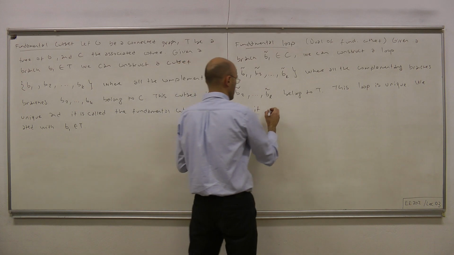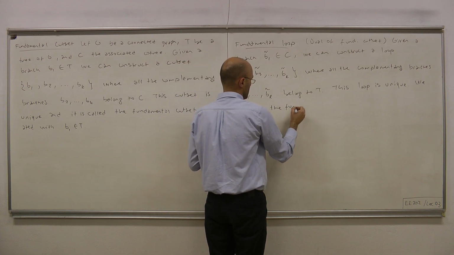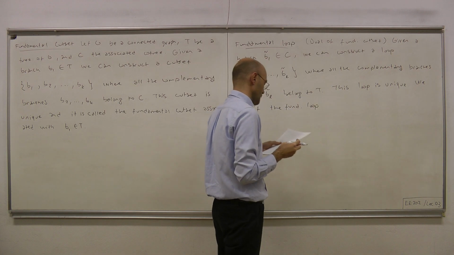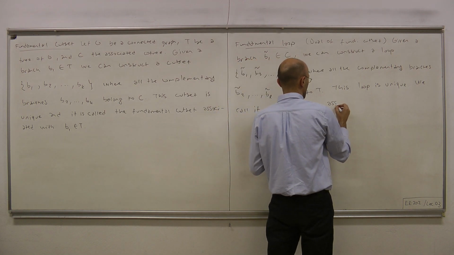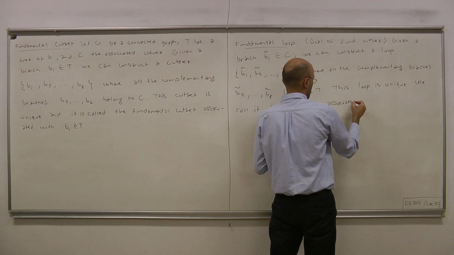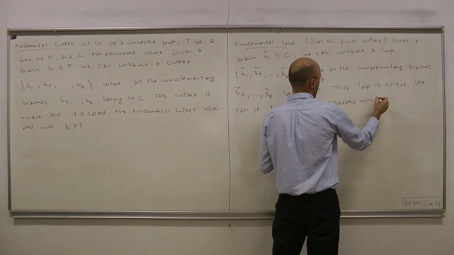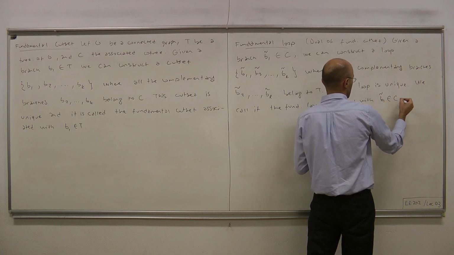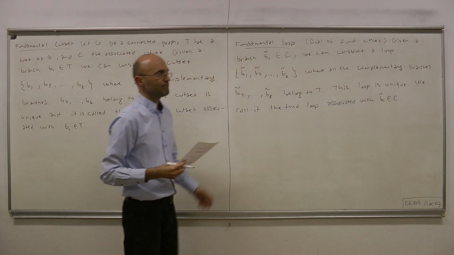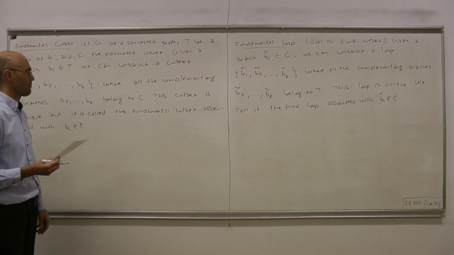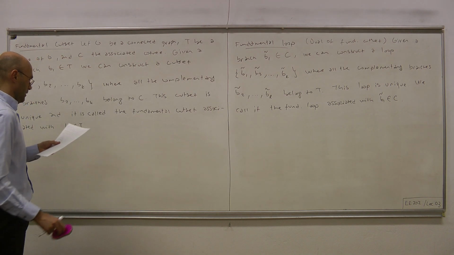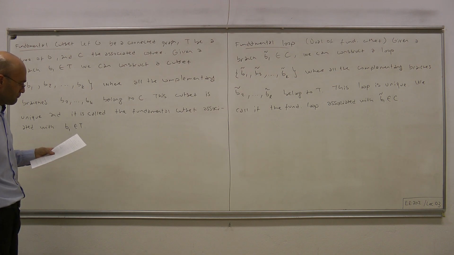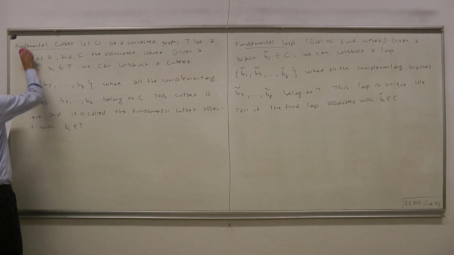We call it the fundamental loop associated with the Cotree branch B1 tilde. Okay. Now let's see some example.